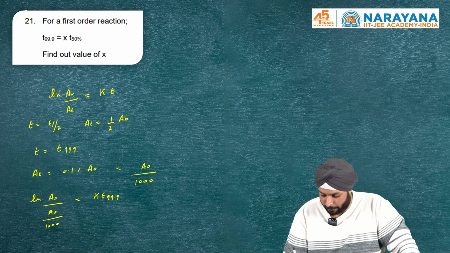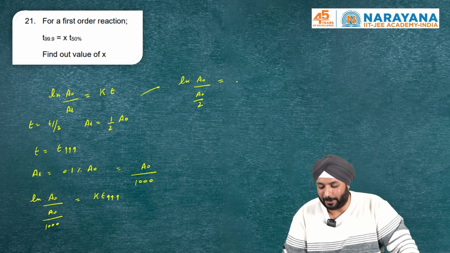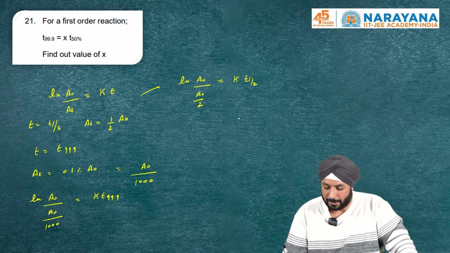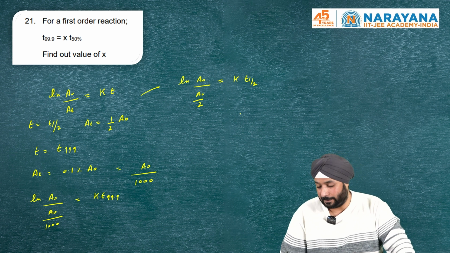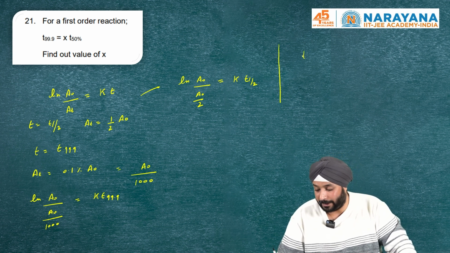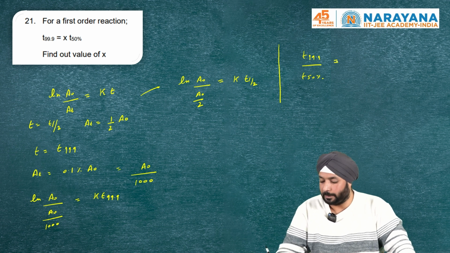Right? Here from this you will get ln A naught by A naught by 2 is equal to K into T half. Now, in this question, they're asking you the ratio between T 99.9 divided by T 50%. That comes out to be how much?